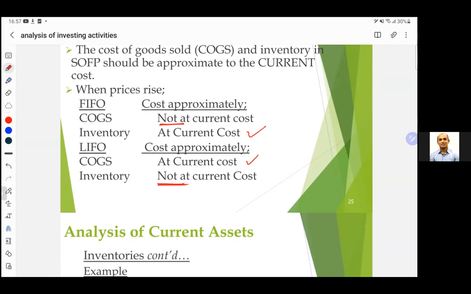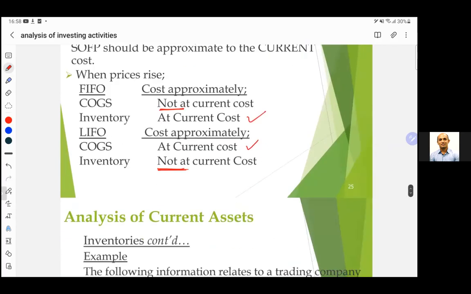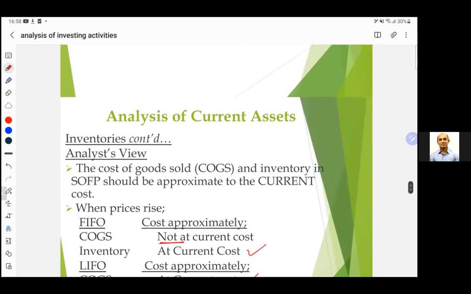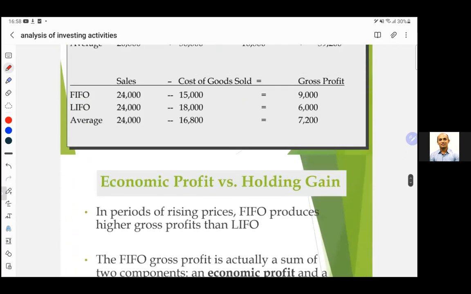We'll see how this impacts your analysis. Then depending on that, we'll see whether some financial statement values have to be adjusted before starting the analysis. We'll study that in our next lecture.